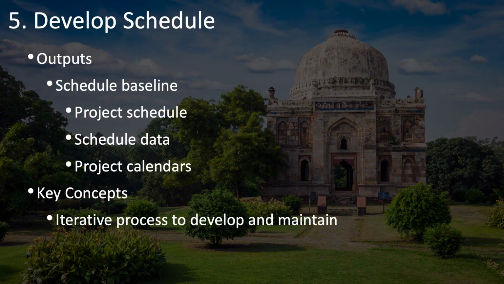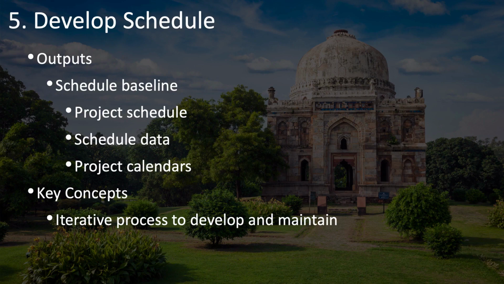And finally, we come to the develop schedule process. This is the culminating process in schedule planning. It brings together all of the inputs from all of the previous processes and processes from other knowledge areas, such as resources, and brings them all together to create the main output of a schedule baseline, which is the approved version of the entire schedule model, which is all of the data about the schedule, including the project schedule, schedule data, and project calendars.